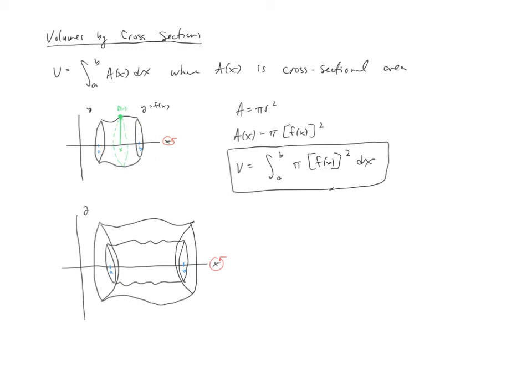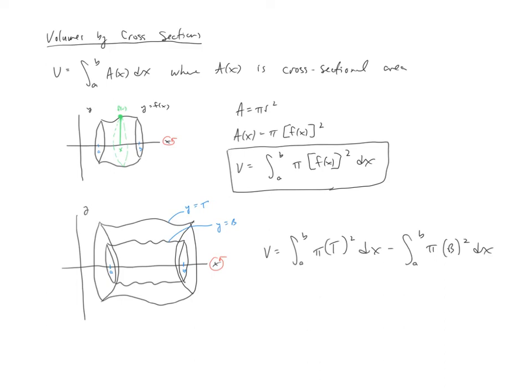So let's label this top curve here as y equals t. Let's label this bottom curve here as y equals b. Now, the reason why this is going to be so nice is because it's still that same top minus bottom mentality. So for us, the volume is going to be our integral from a to b of pi top squared dx minus the integral from a to b of pi bottom squared dx.